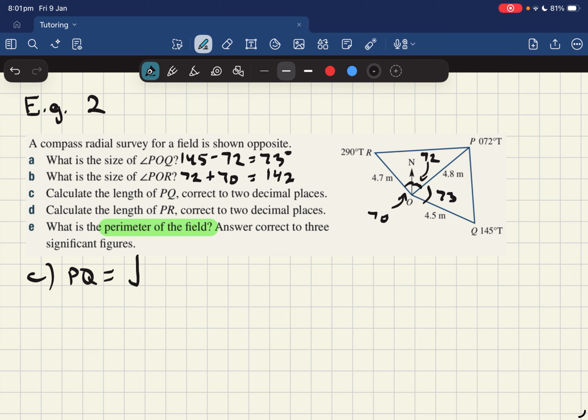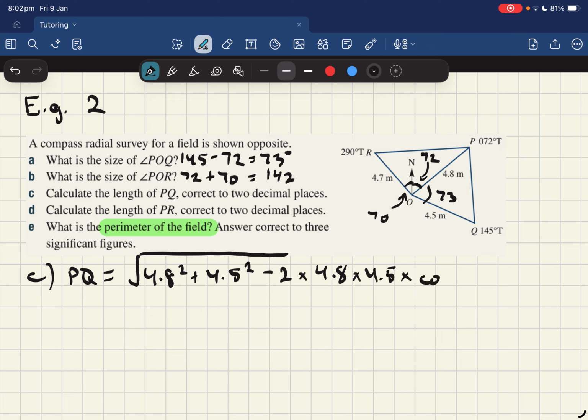But PQ is going to equal the square root of 4.8 squared plus 4.5 squared. So it's a squared plus b squared minus 2 times a times b, where a and b are just those two sides, times cos of 73.